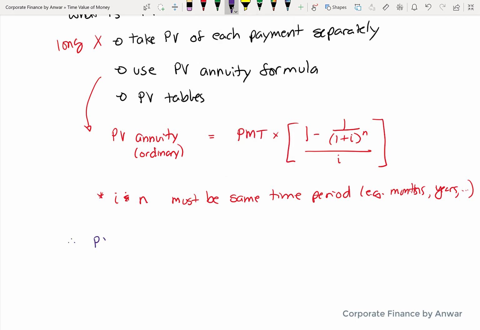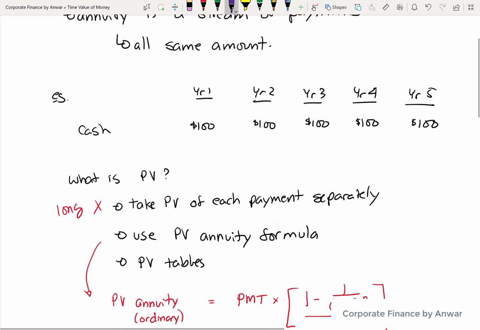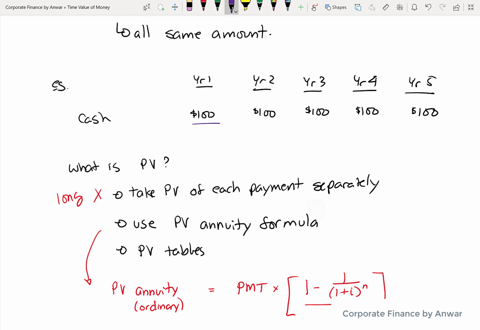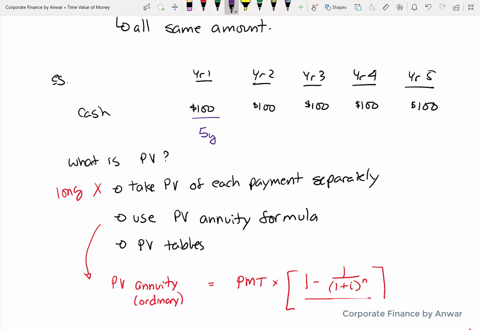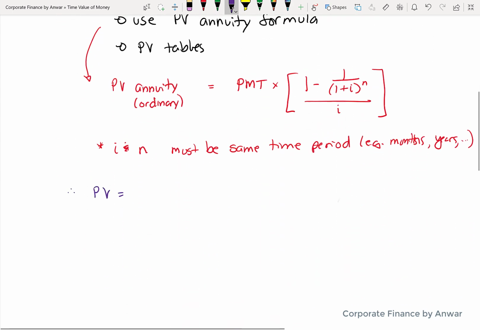We've got $100 as the payment amount, and it's going to be 5 years. The only thing I left out was inflation. I'm going to say inflation is 3%, just like in the last example.